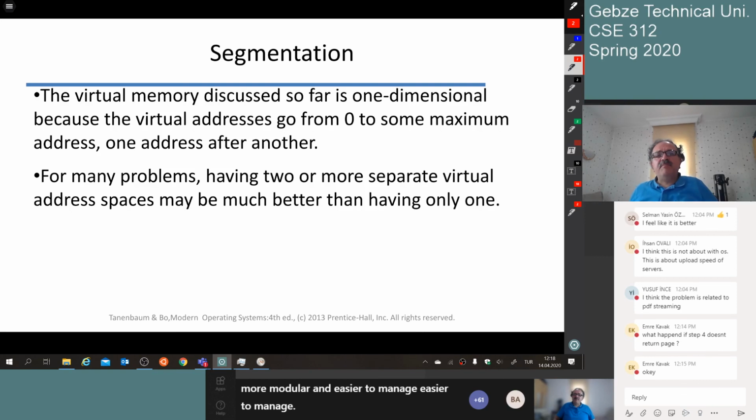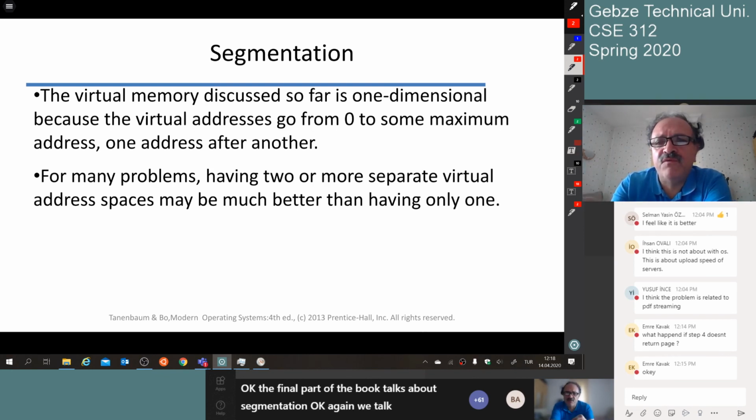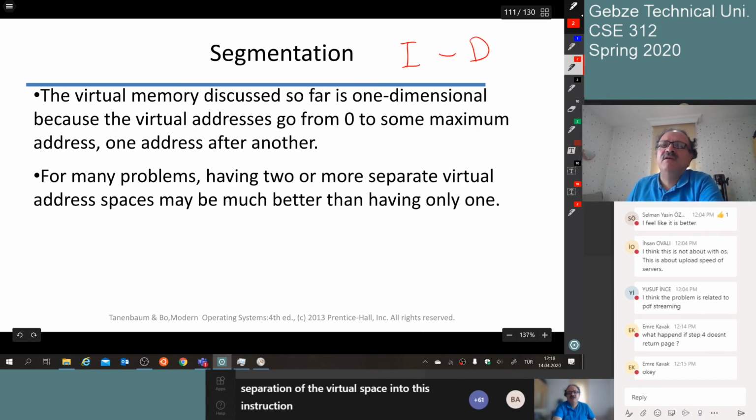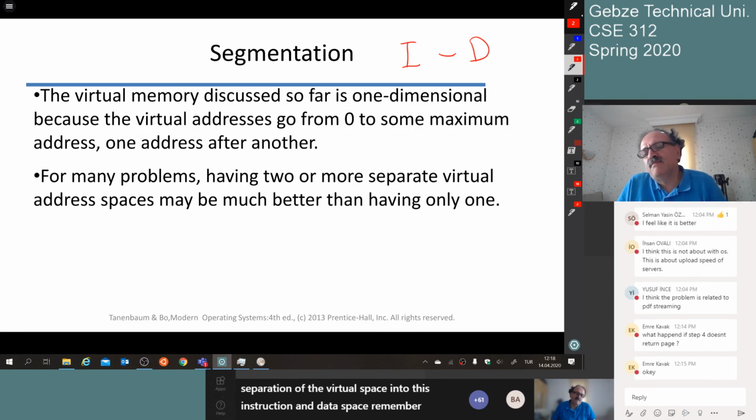The final part of the book talks about segmentation. Again, we talk about the separation of the virtual space into instruction space and data space. Remember, we had two different linear spaces.